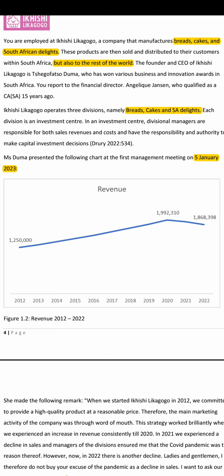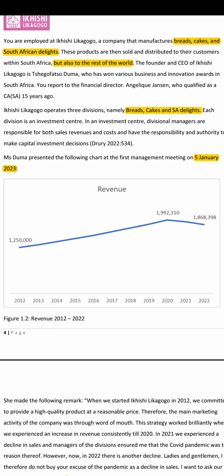Okay, I think that's enough time. So from here, you should obviously see what the revenue figures for the various points of the year, or the three particular years that were given, right? 2012, 2020, and 2022, right? So you have the three revenue figures for these years. That's number one.